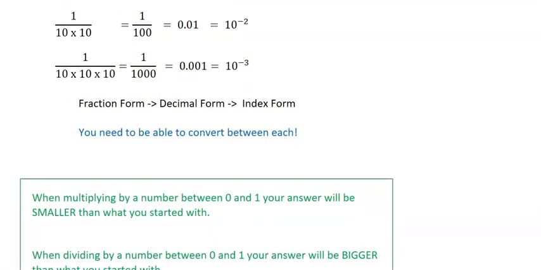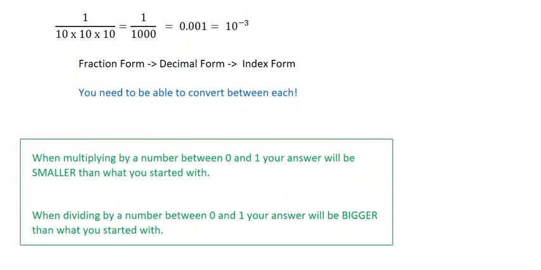When you start multiplying and dividing, when multiplying by a number between 0 and 1, your answer will be smaller than what you started with. Now that's a very strange thing to think about, because when you're multiplying, you imagine that the number gets bigger.